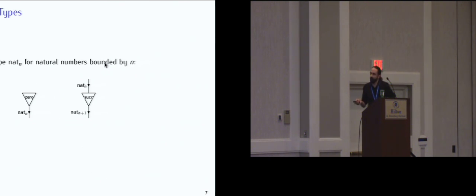We will add sizes to perform complexity analysis. So it's a very simple idea. You can define some type nat n that stands for all natural numbers that are bounded by n. This is the typing scheme you need to use for that. You will also need to have some subtyping rules, let's say, cast operators.